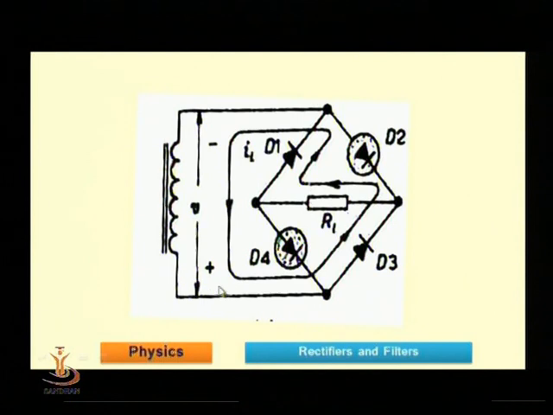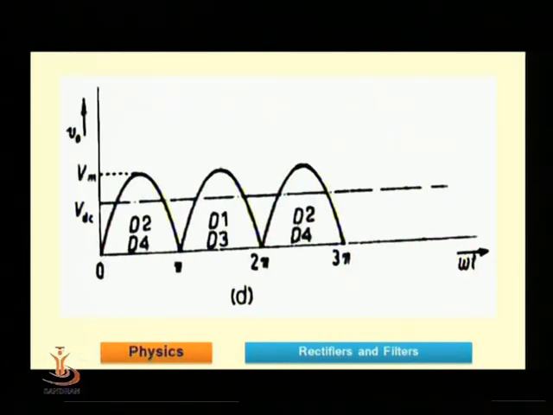So positive is applied like this, D3 is conducting, load resistor and D1, and the circuit gets completed. So during this half, D1 and D3 are conducting, D2 and D4 are not conducting, and the output is obtained like this. Due to D2 and D4 we are getting this pulse.